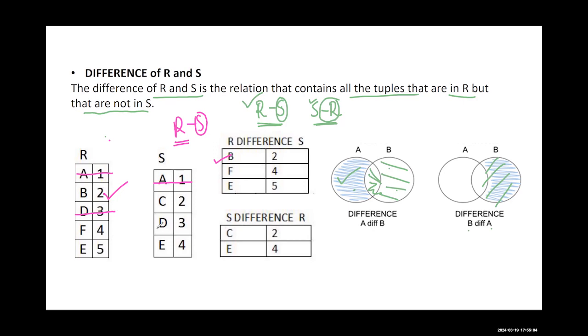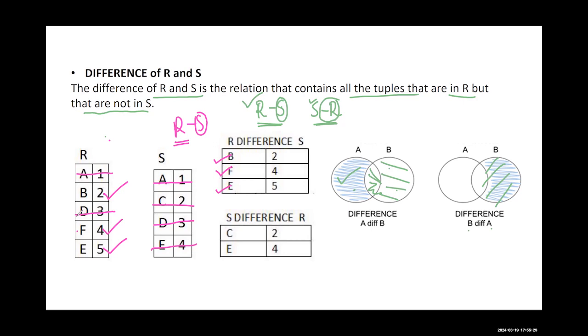D3 is common, so D3 I'm going to remove. F4 is not there in S, so F4 will qualify to be there in the resultant relation. E5 is not there in S, so E5 also is eligible to be there in the resultant relation. Leftover whichever is there in S we are going to neglect. This is your R minus S.